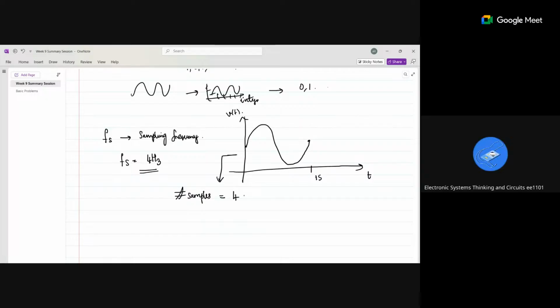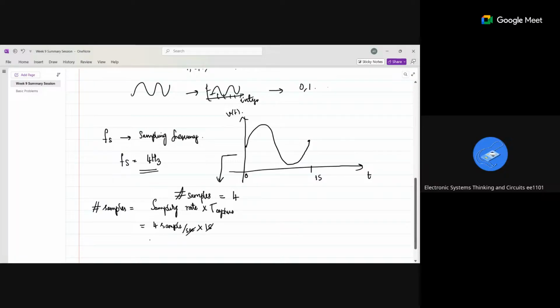Yeah. What is the formula for the number of samples? It is sampling rate into time of capture, right? If my time of capture is from 0 to 1 second and my sampling rate is 4 hertz, 4 hertz is nothing but 4 samples I'm collecting per second into 1 second.